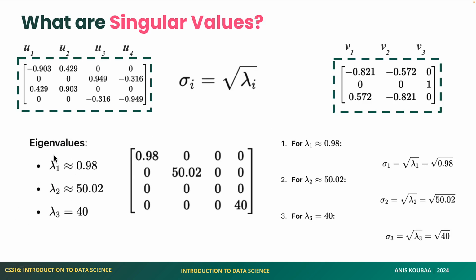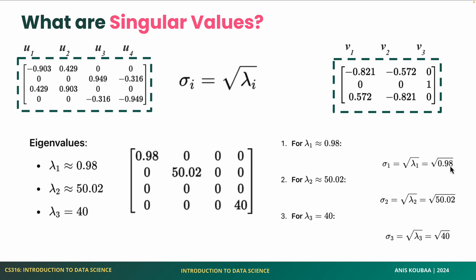We introduced singular vectors, and now let me introduce singular values. Singular values are by definition the square root of the eigenvalues. If I take this matrix of eigenvalues, we can calculate the singular values by taking the square root of lambda 1.